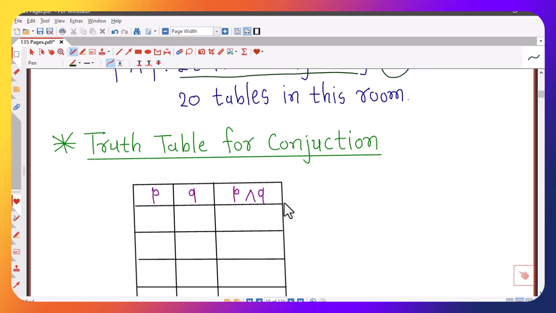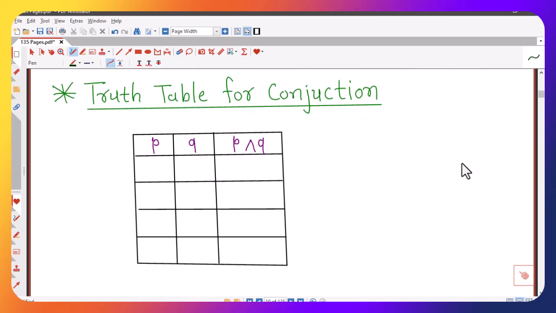Suppose we want to write down the truth table for the conjunction operator. Then we have two propositions now, and therefore we have different possibilities. First possibility is, suppose proposition P is true and Q is also true. Another possibility is P is true and Q is false.